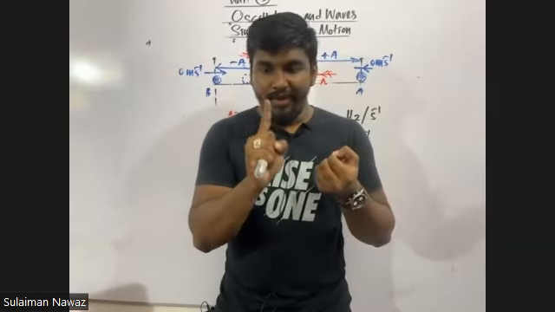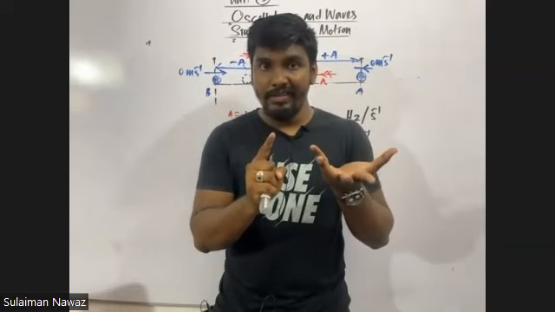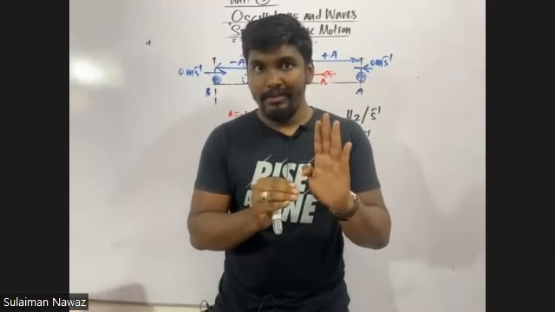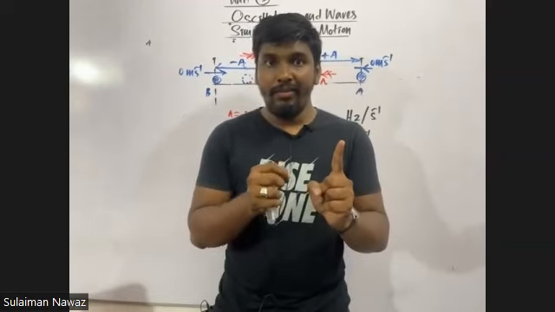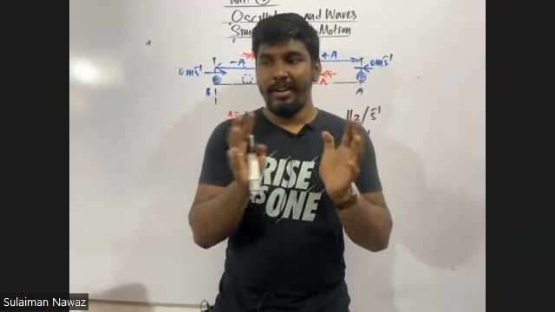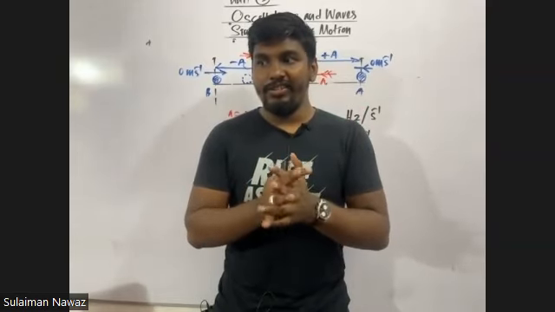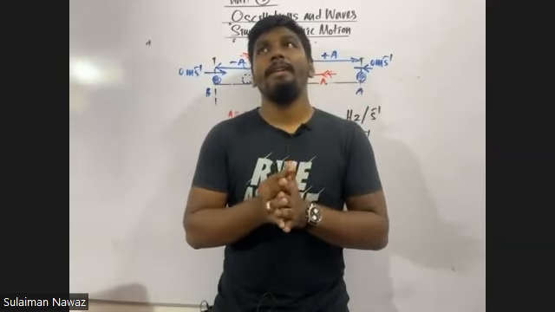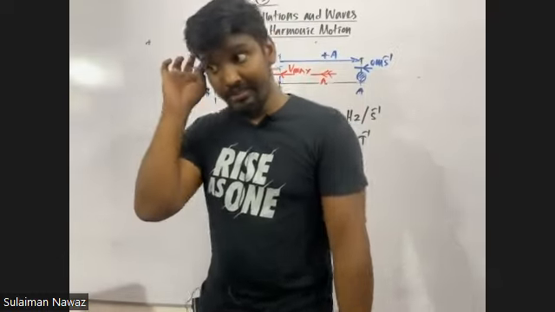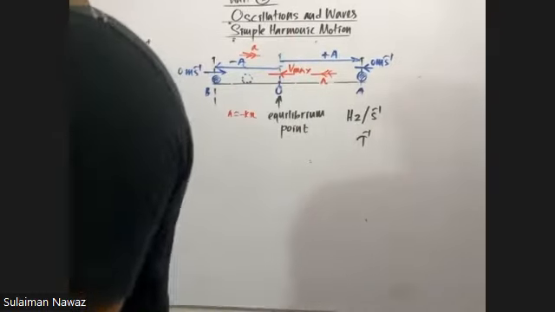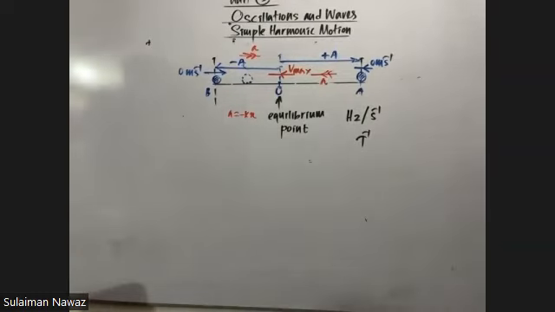Frequency means within 1 second, how many oscillations. Time period means for one oscillation, what is the time taken? Write down: time taken for one complete oscillation is defined as time period.